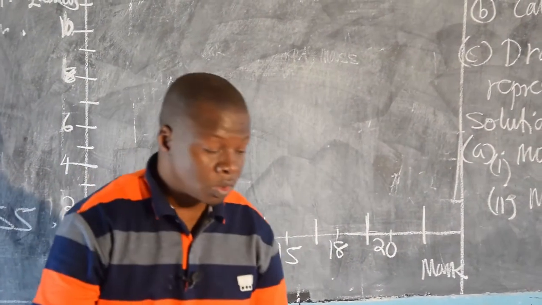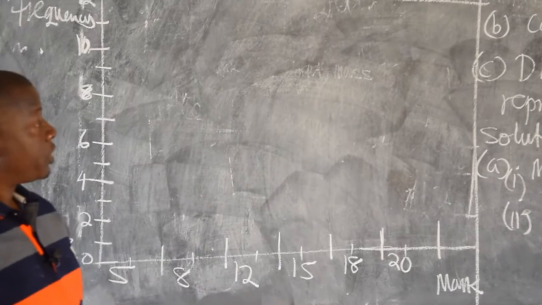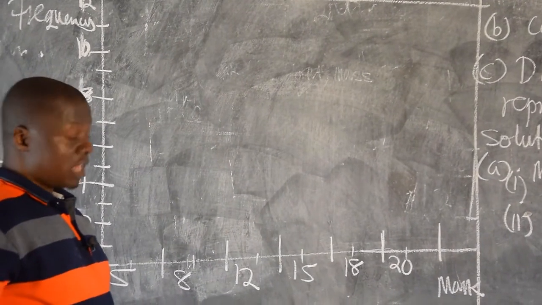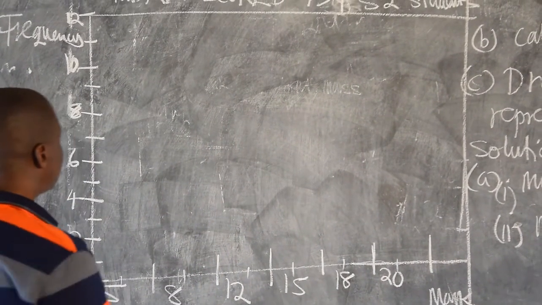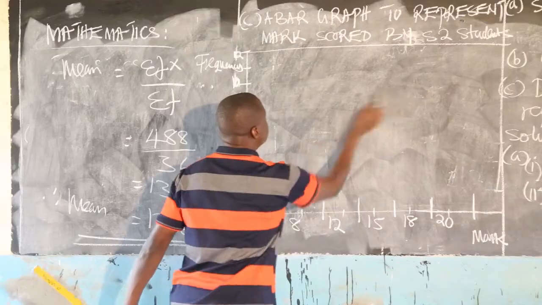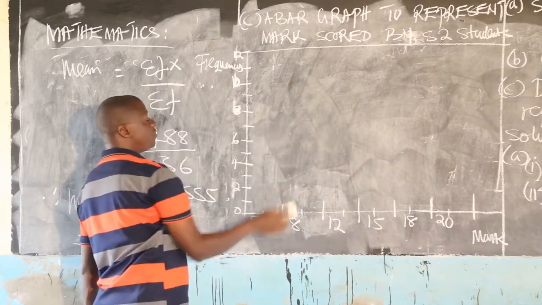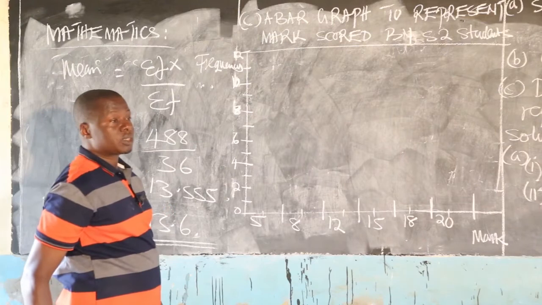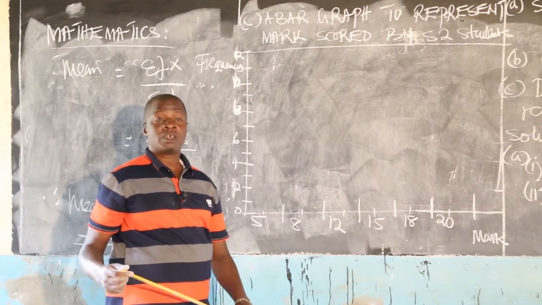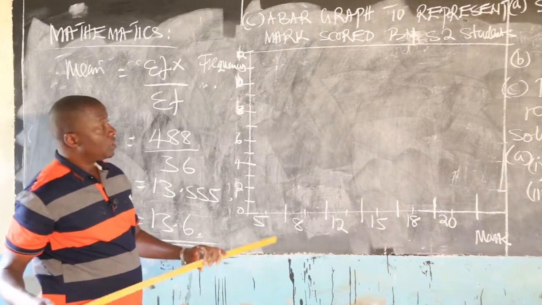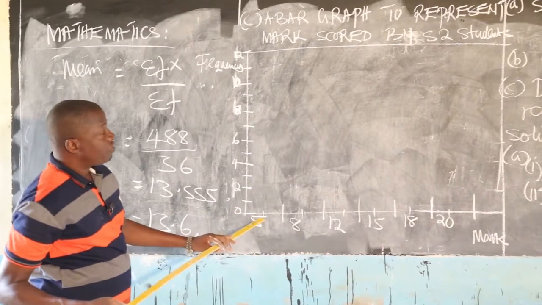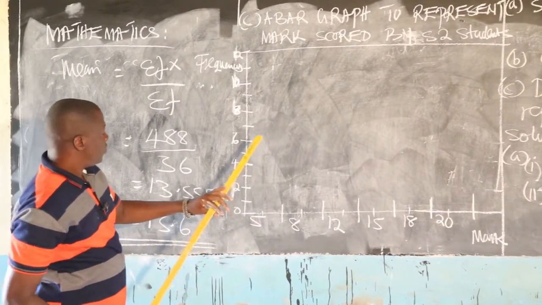We can do our bars. We are going to use the second format. Our bars are going to be attached, okay? Same width, but differs in height. 5 corresponds with 3.